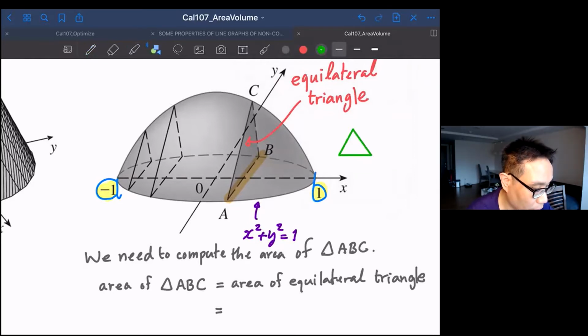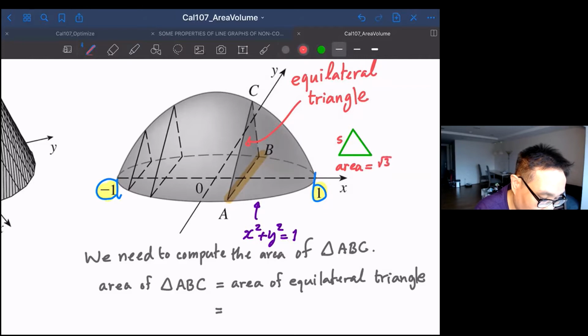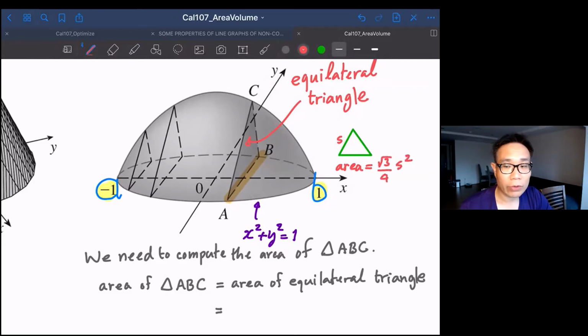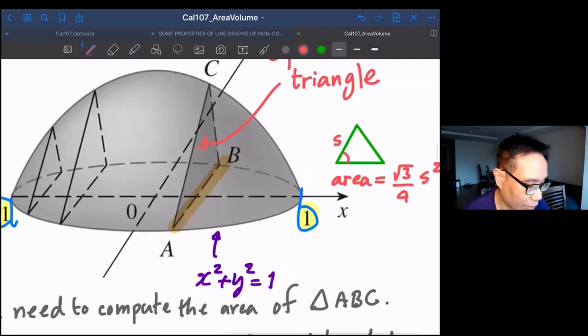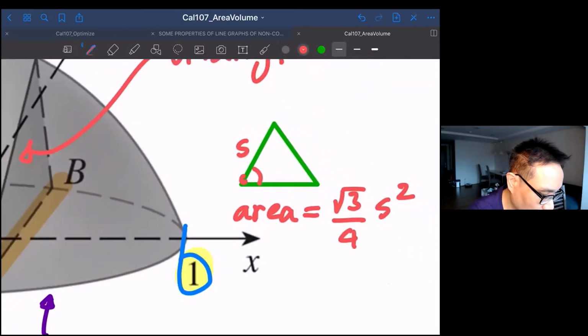If you have an equilateral triangle, you can compute the area as the square root of 3 over 4 times s squared. This is the formula that you studied in geometry or trigonometry in high school, and you know that each angle is 60 degrees, right? So this one is 60.